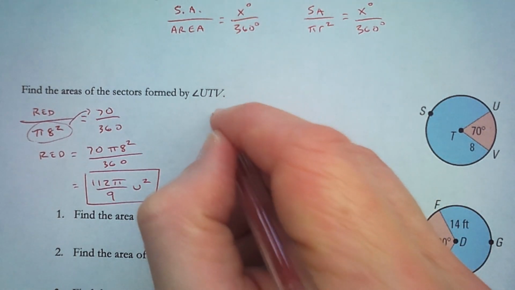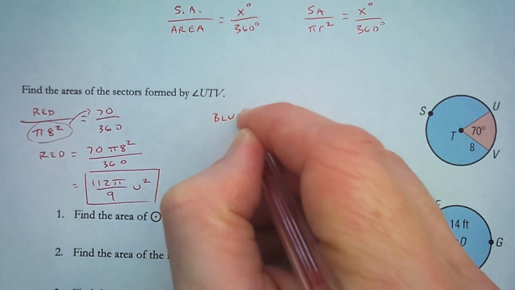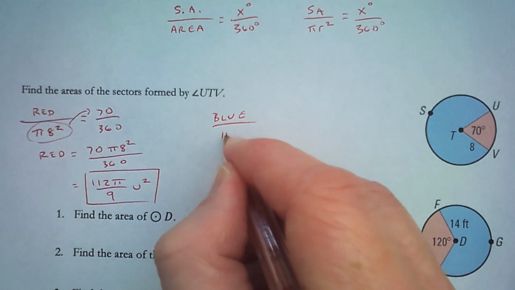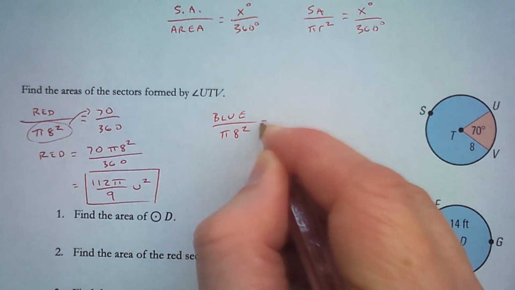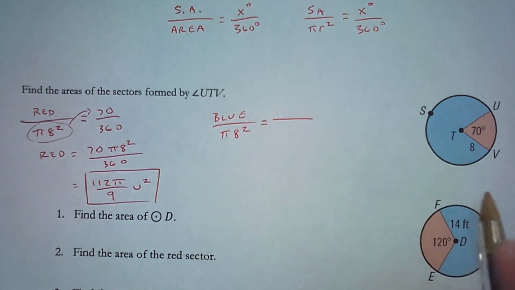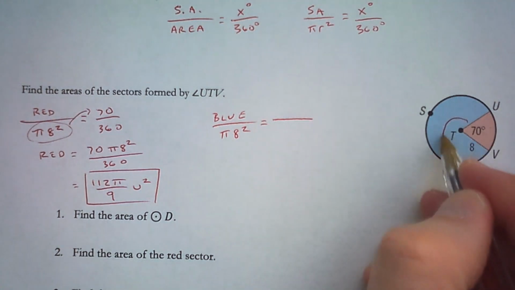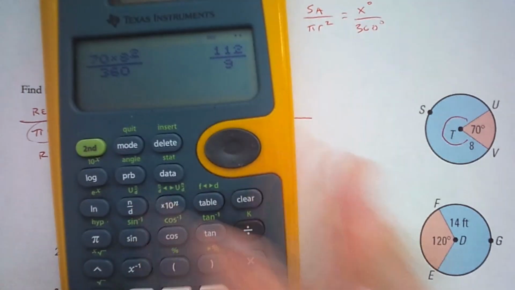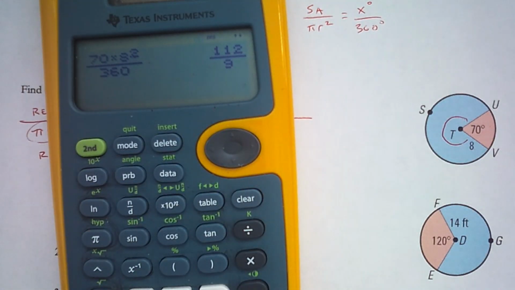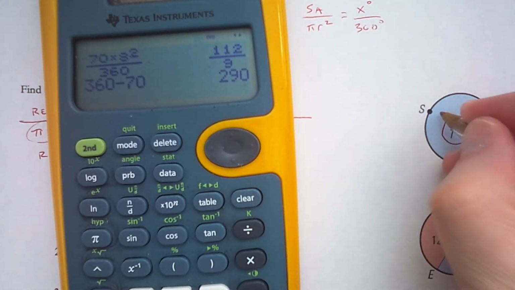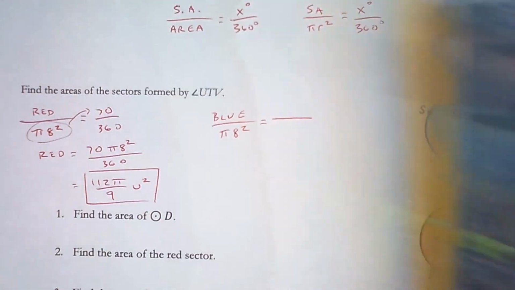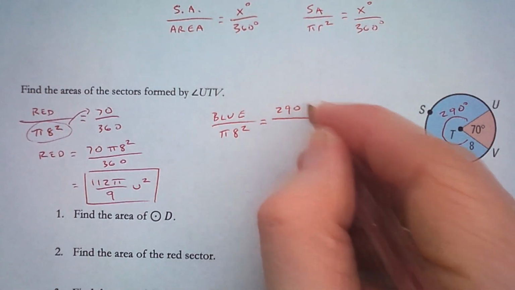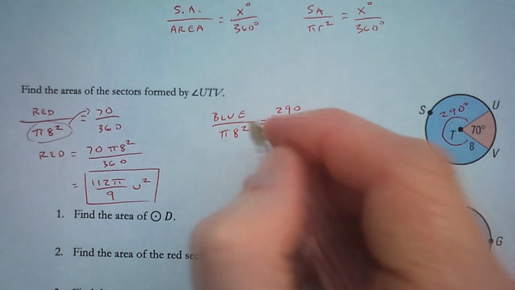Okay, then we'll do the blue area. So the blue area is to 2 pi times the radius squared as the number of degrees, which is whatever's left in the circle after that 70. So 360 minus 70, that's 290 degrees. So as 290 is to 360.